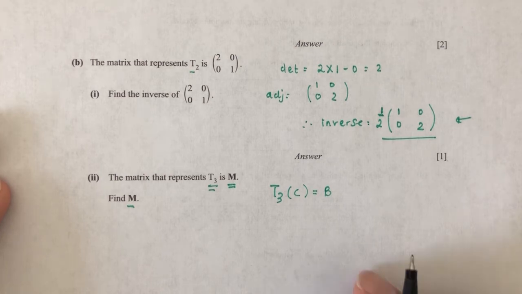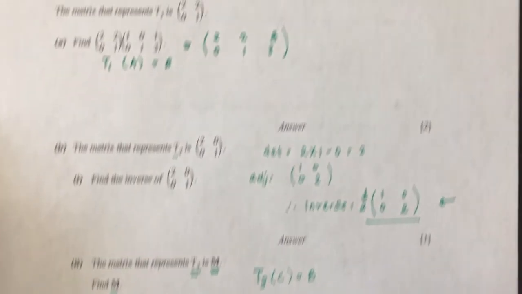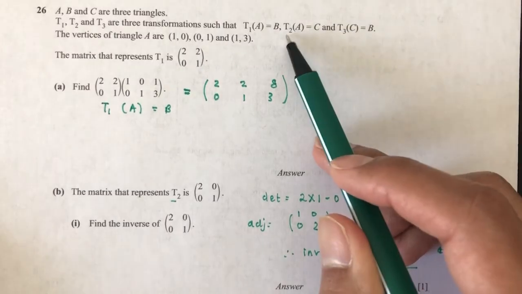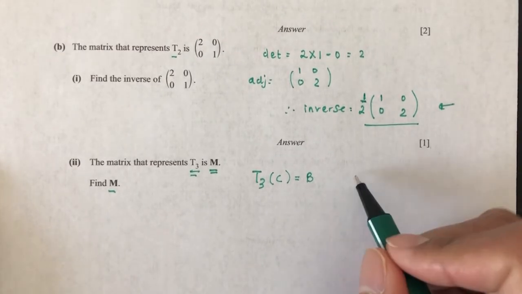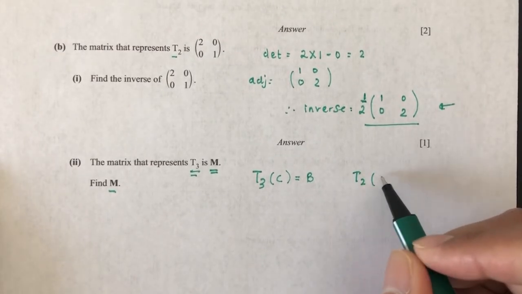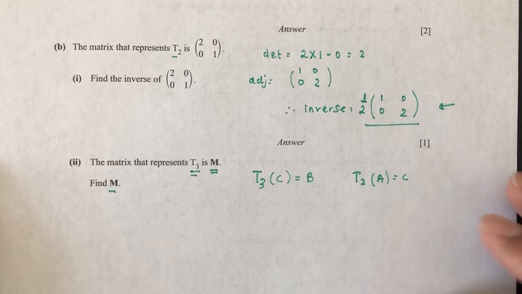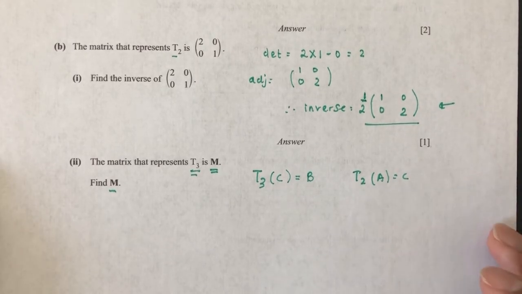We also know that T2 transforms A into C. So let's find the coordinates of C. T2 transforms A into C, so what are the coordinates of C?